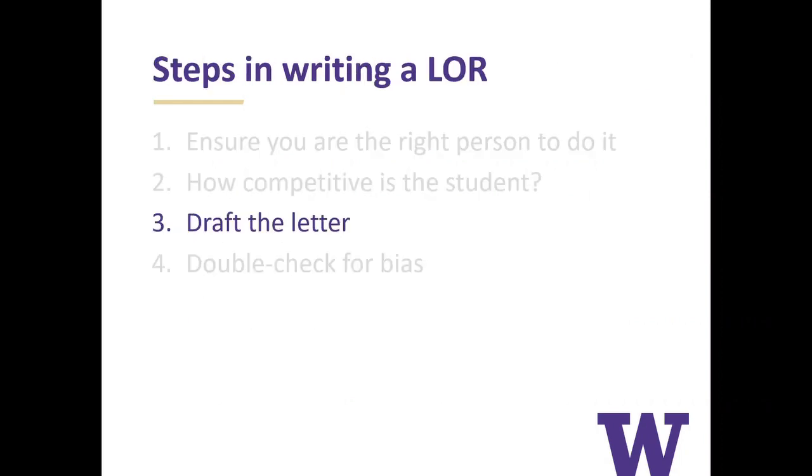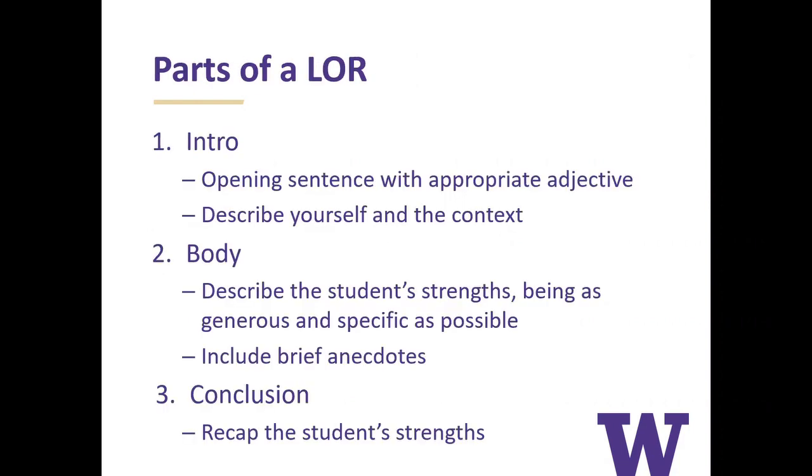And then you draft the letter, and I'm going to go through the parts of the letter. So overall, pretty simple structure from a writing perspective. It has an introduction, it has an opening statement with an appropriate adjective. You describe yourself and the context. The body describes the student's strengths, being as generous and specific as possible.